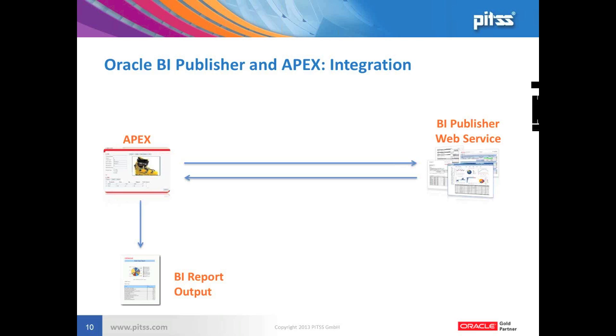And here the integration is much simpler because Apex also has some internal components that make this communication with the BI Publisher server easier: send the request, get back the document, and then it's possible to display this document inline in a browser.